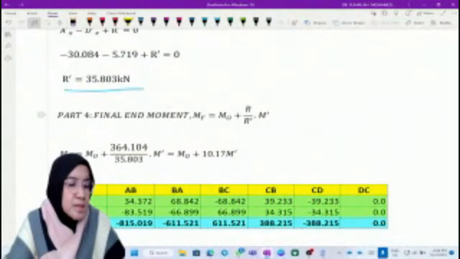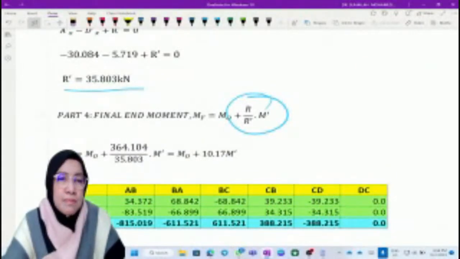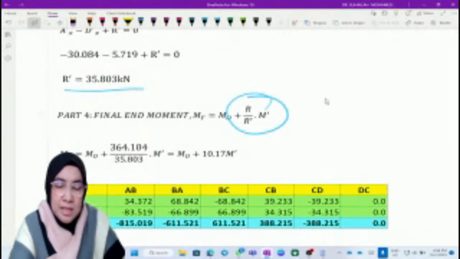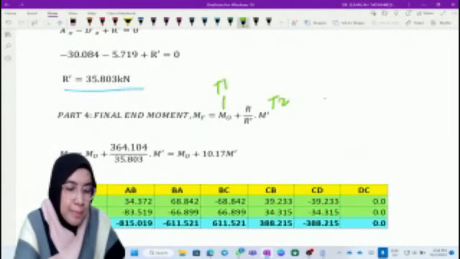Okay, this is the final part, step number 4, where we have to find the total moment. Why we have this, I have discussed in my video, so please find the derivation. Finally, this is the equation. M naught is the end moment, from table number 1. M prime is from table number 2.